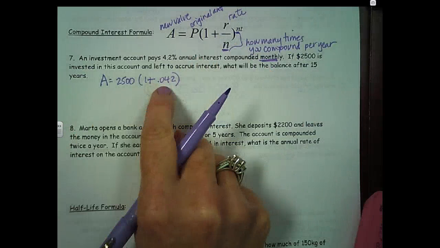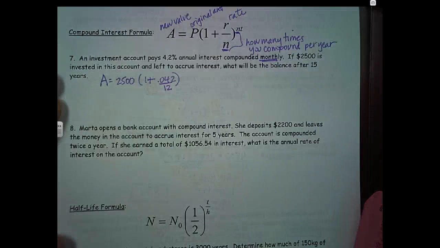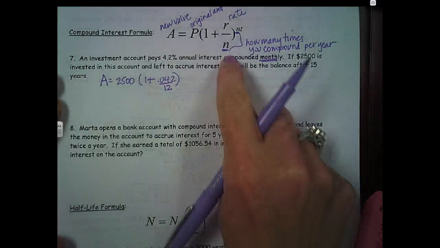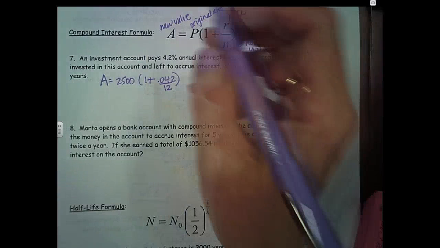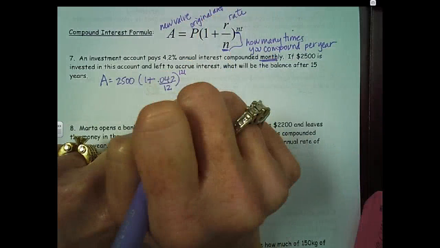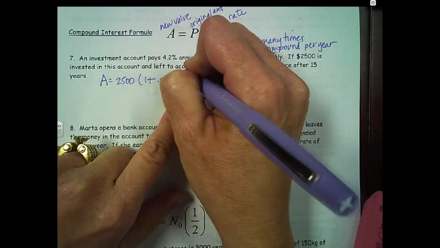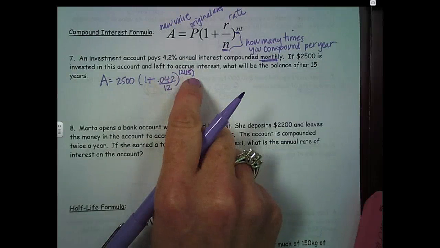But the 0.042 this time, because we're compounding that 0.042 every single month, you don't just put 0.042, you put 0.042 divided into 12 times. Do y'all see that? The formula calls for divided by n. And then you raise it to the power, not just time, but 12 times, how long was it, 15 years? 12 times 15. 12 times every year times 15 years.